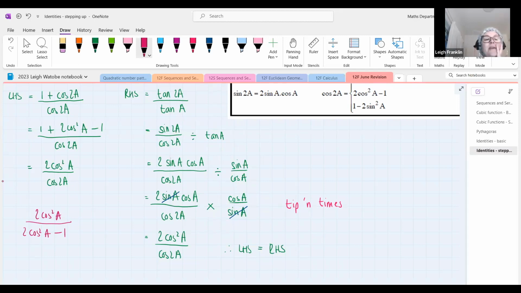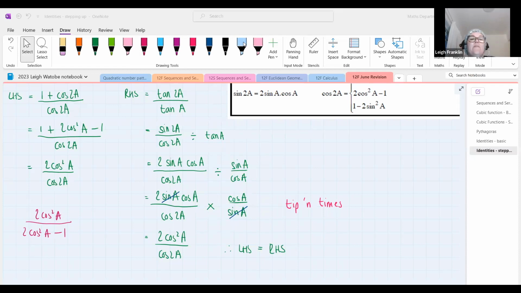I'm just trying to think if you wrote cos squared a as 1 minus sine squared a, but even then, you're still not going to be able to simplify or factorize. So this is the sort of situation where you would know that you'd need to use both sides. You'd eventually get to a point where you cannot simplify any further.